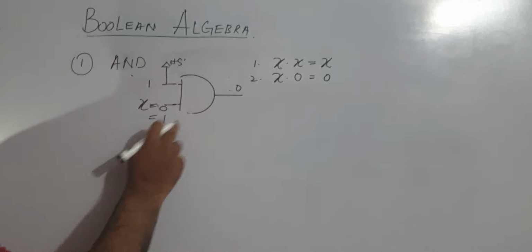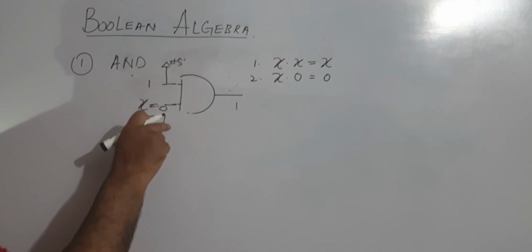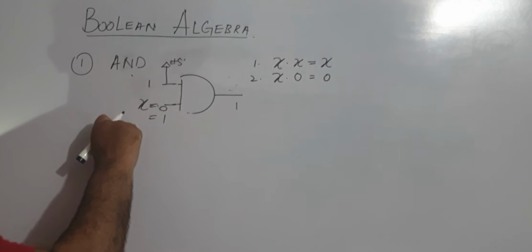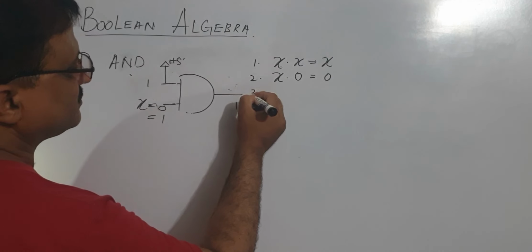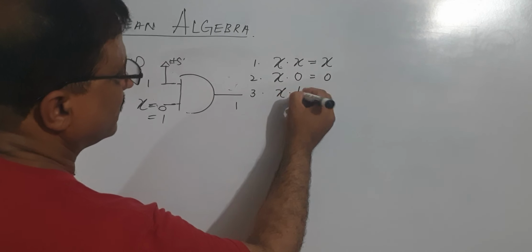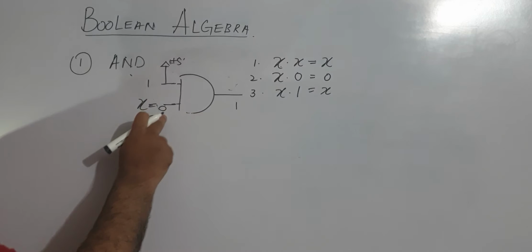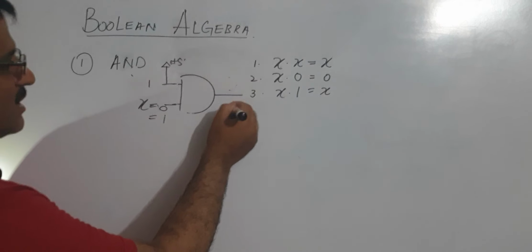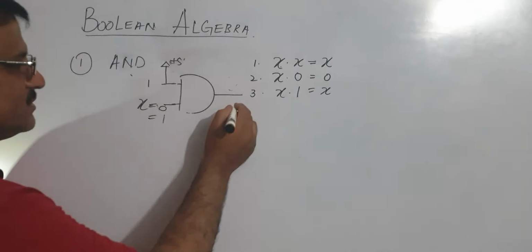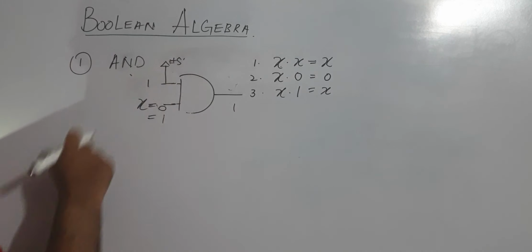If X is 1, the output is 1. So in this case, the output follows the value of X. Here we have the third Boolean identity: X dot 1 is always equal to X.